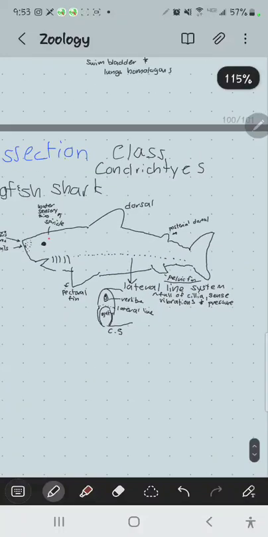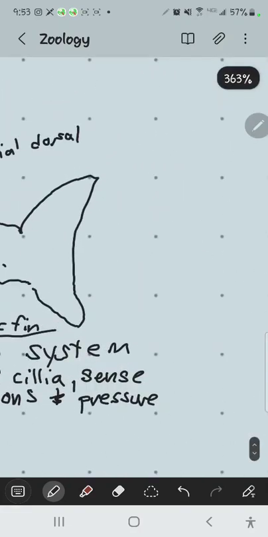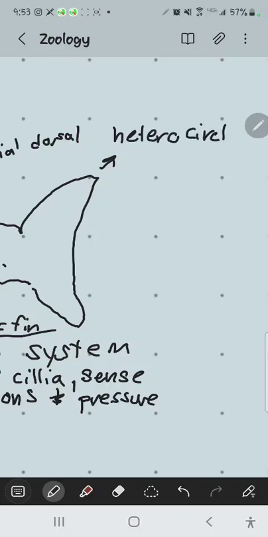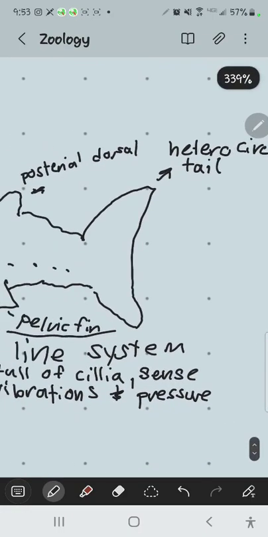Then the tail here is what's called a heterocercal tail. It's called that because the backbone goes up into the dorsal side of the tail. So the shark has a tail where the top lobe is larger or more pronounced than the ventral lobe.